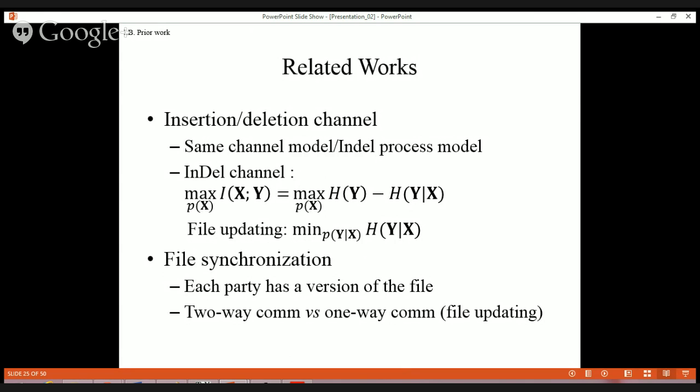The second difference is that in file synchronization, the most common model is the two-way communication model, while in our work it's one-way communication.